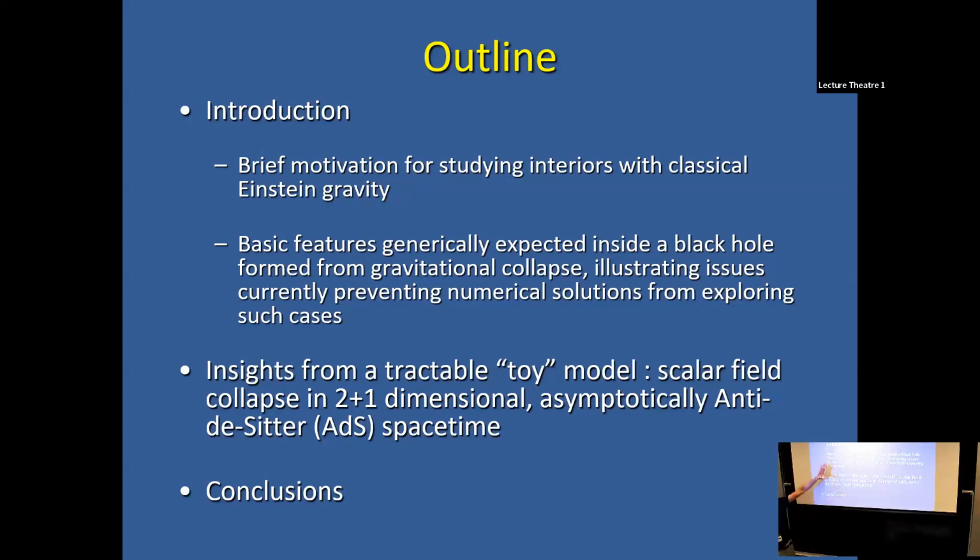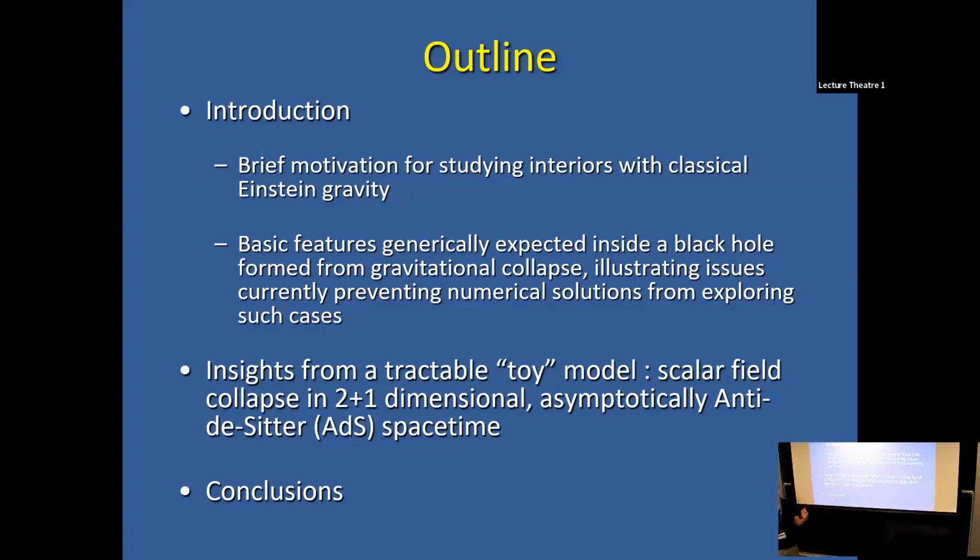So I'm not going to be able to show you nice examples for the situation that we want. We're still restricted to the so-called poor person's or toy models, where we essentially have to use spherical symmetry. Or what I'll show you are results where we can actually get angular momentum in the space-time, but we have to go to 2+1 dimensional asymptotically anti-de Sitter space-time.